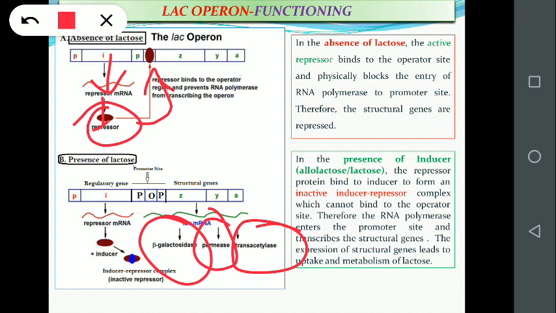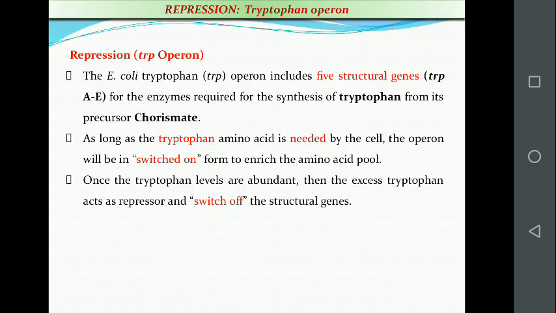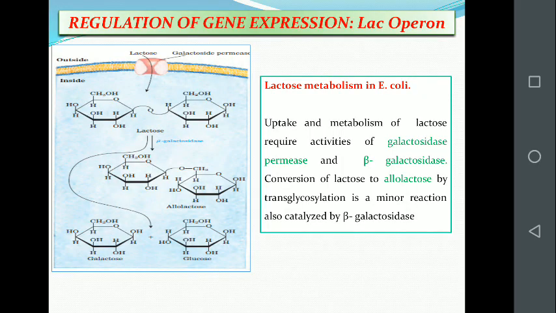Now the moment we add the lactose to the medium, what happens? The cell has very few permease molecules, so it allows a small amount of lactose to enter into the cell. Because of the small quantity of beta galactosidase, that beta galactosidase converts lactose into allolactose.